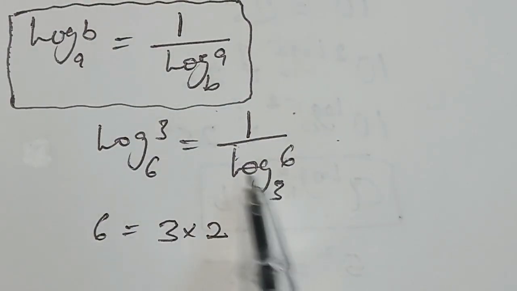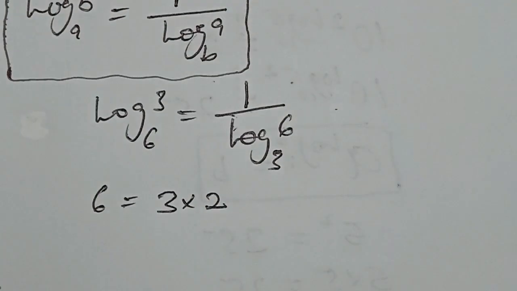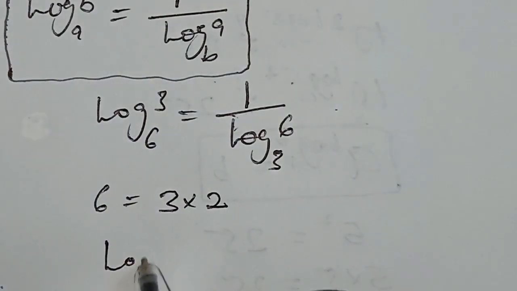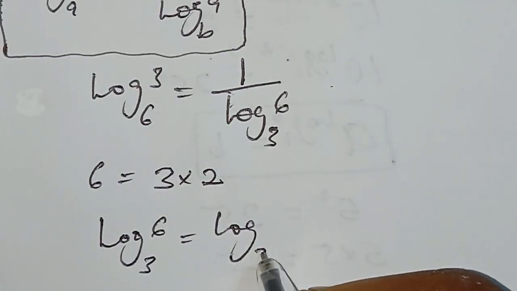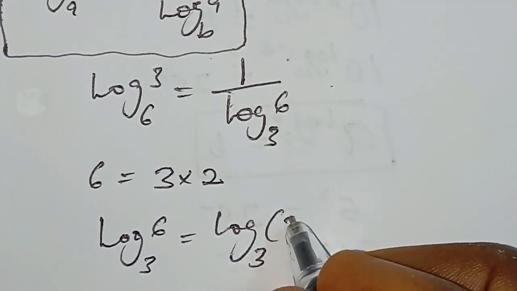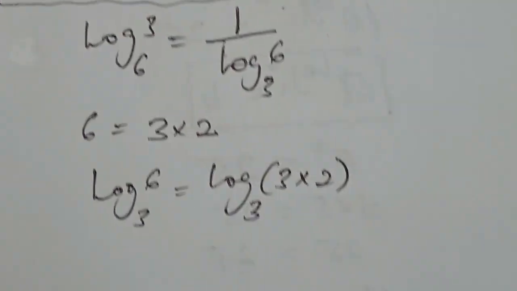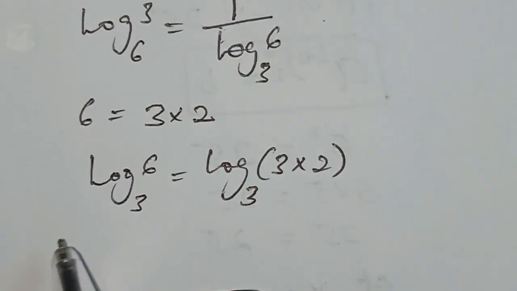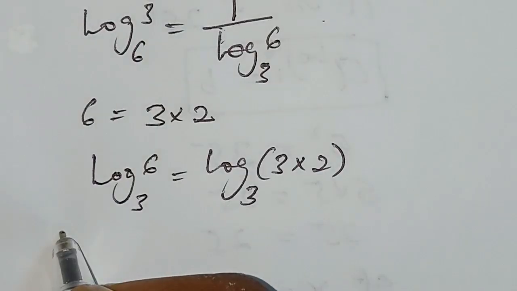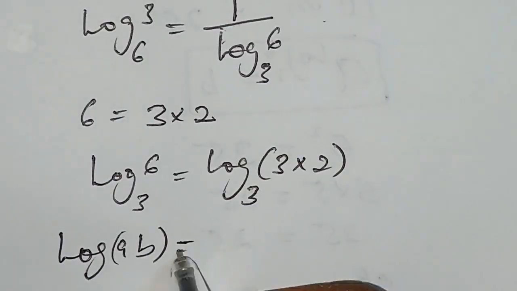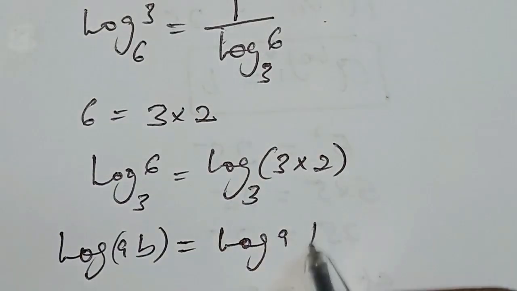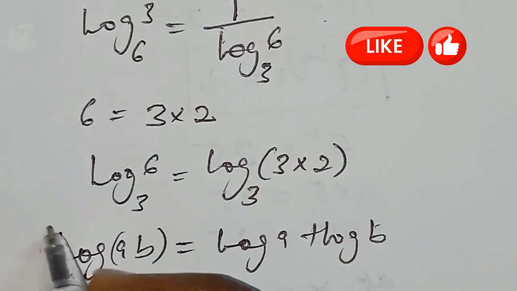Then log 6 base 3 can be written as log base 3 of the bracket 3 multiplied by 2. From our log identity, log of a times b is written as log a plus log b.